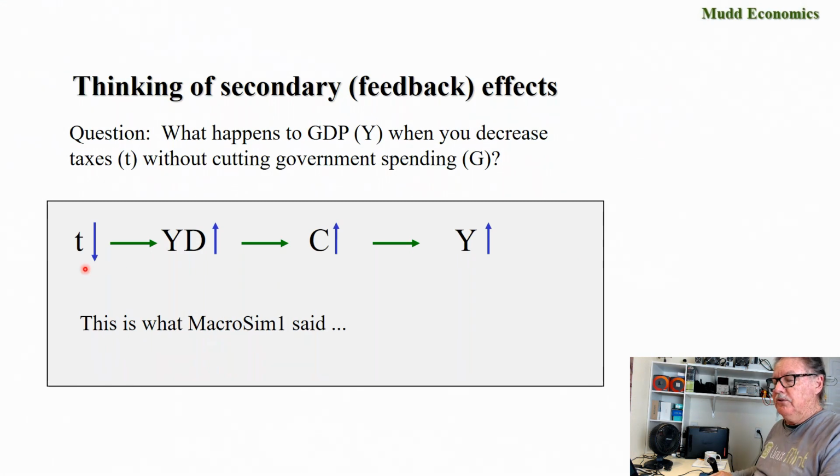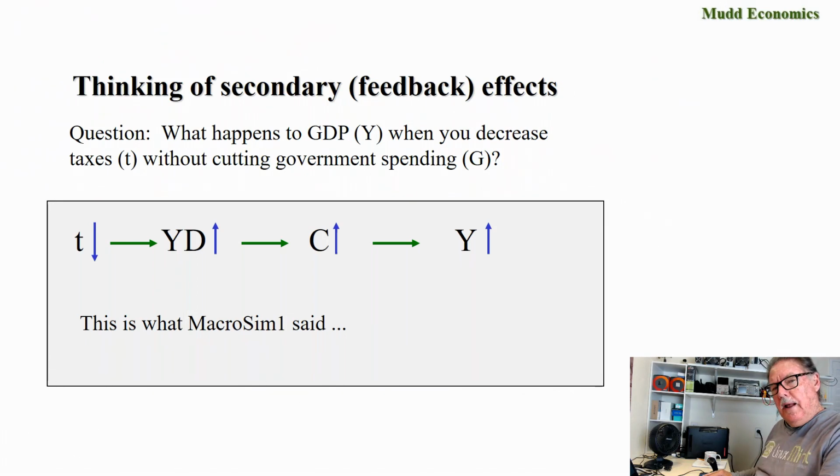When we cut taxes, that led to an increase in disposable income, because of course disposable income is (1 minus T) times national income. That in turn led to a substantial increase in consumption, and that in turn led to a very substantial increase in national income. And so there is no secondary or feedback effect in Macrosim 1. And this is what Macrosim 1 said.